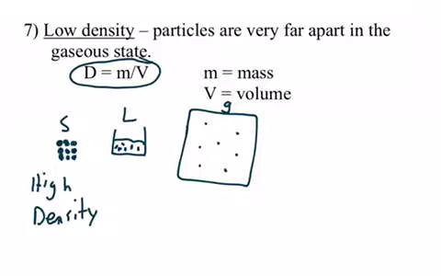But when particles are spread apart, like in the gas phase, and they are not compact at all, that's why gases are going to have a very low density, because the particles are very spread apart. So in general, gases do exhibit low densities. Okay? And those were the 7 physical properties of gases. We will be moving on to pressure as our next topic.